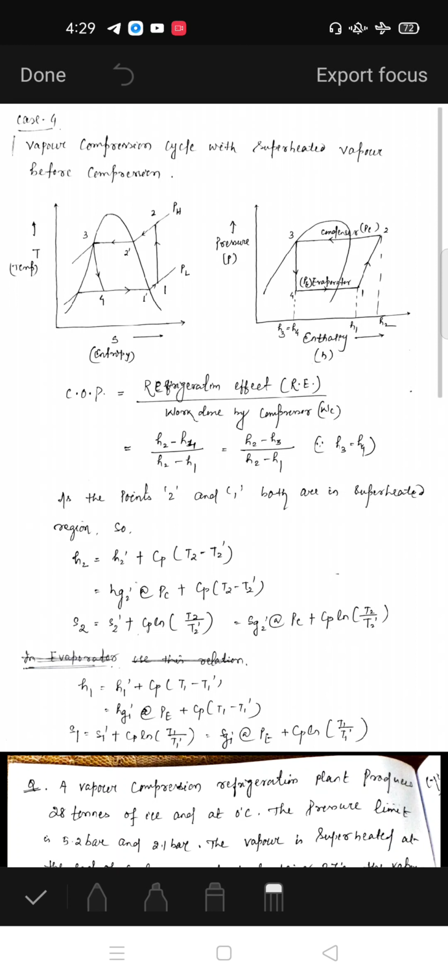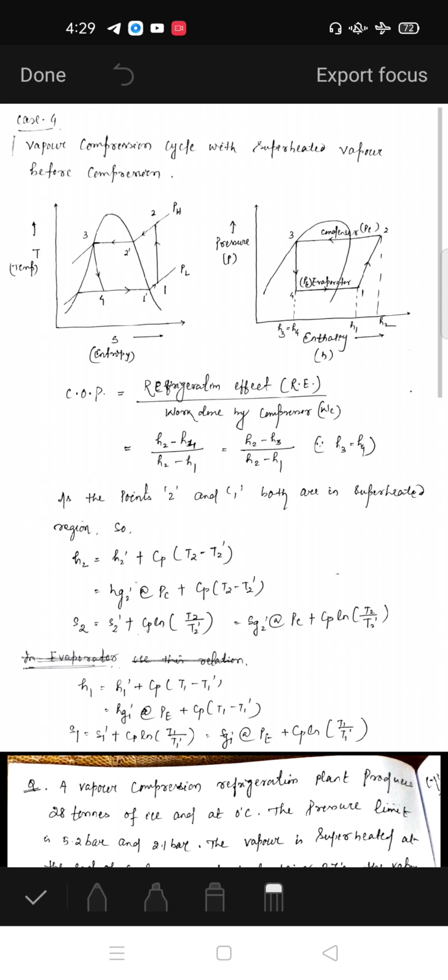So point number 1 obviously lies outside the vapor dome towards the right. As you know, compression is an isentropic or reversible adiabatic process. So process 1 to 2 is your isentropic compression process.